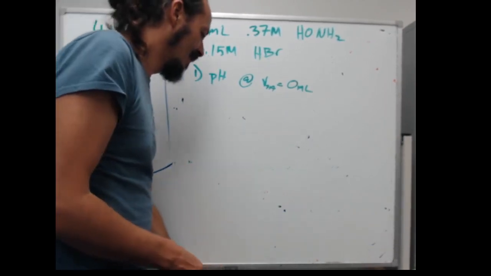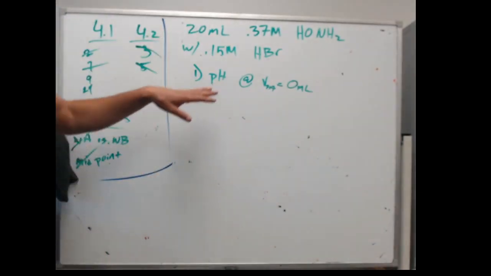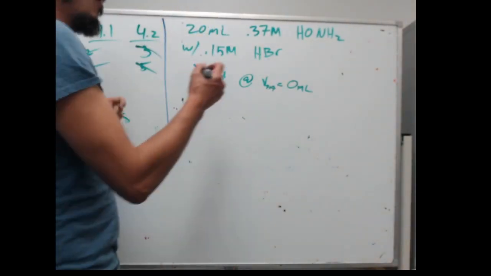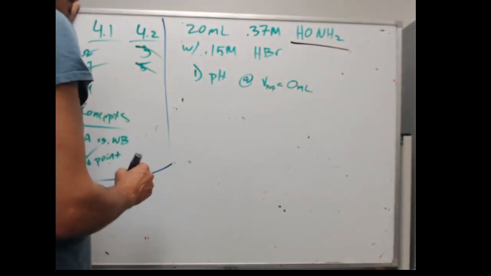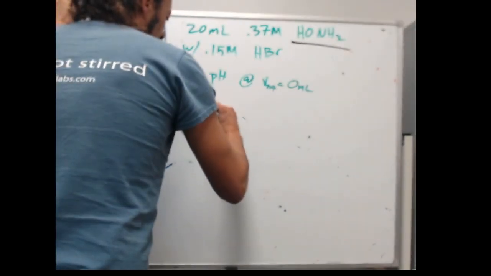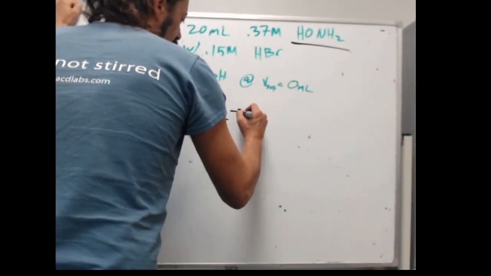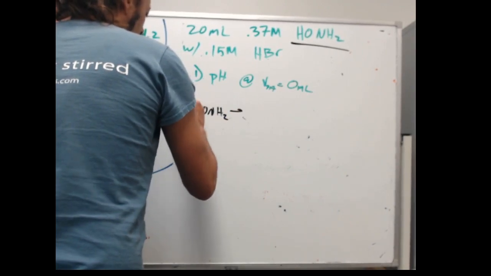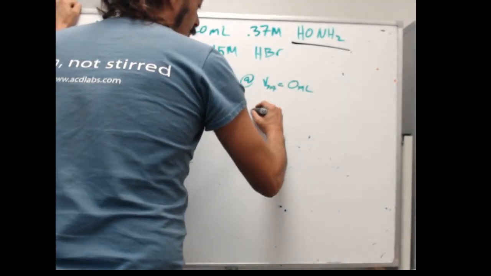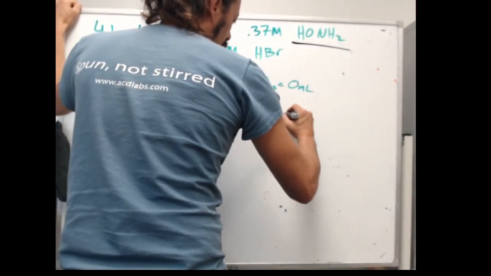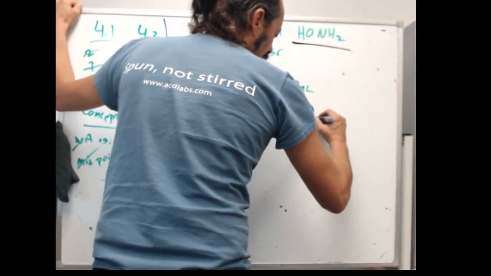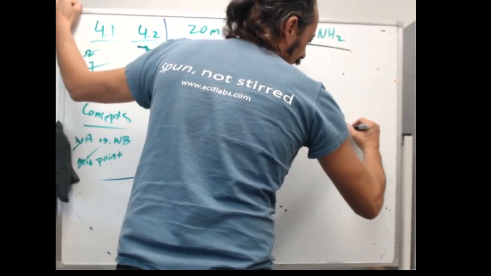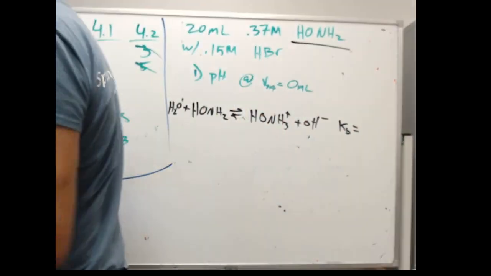So first thing, nothing added, so all I've got is this HONH2 in solution. So I go HONH2 with water. It's going to have some equilibrium to have HONH3 plus and OH minus. That's going to have a Kb associated with it.